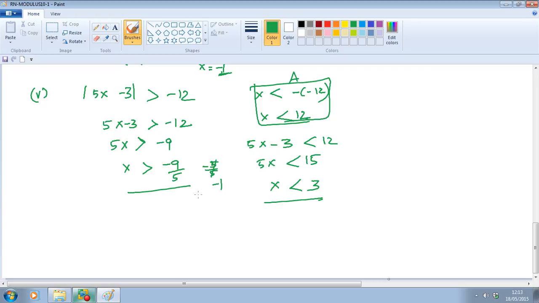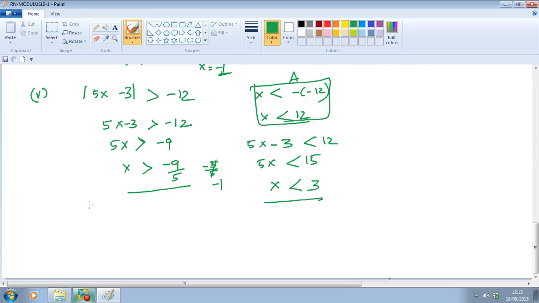If you put x equal to minus 1, whether this equation holds good, you try.